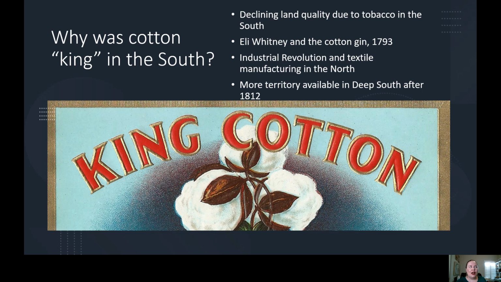And so what ends up happening is now that cotton can be processed easier and faster, more people have incentives to grow cotton because there's a demand for cotton as factories spring up to take thread and turn it into cloth.